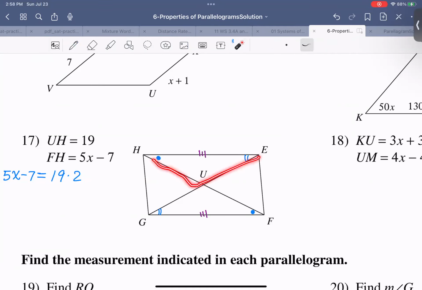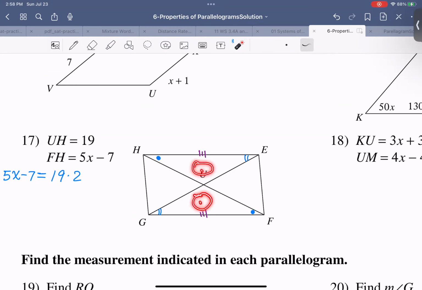So look at this triangle and this triangle. If you know that this angle is congruent to this one, this is congruent to this, and this side is congruent to this side, we will be able to see these two triangles are congruent.